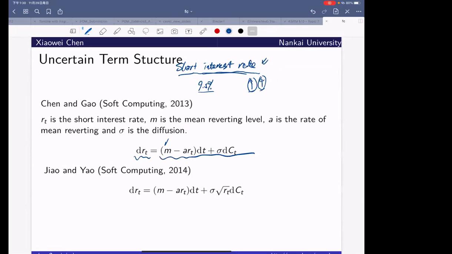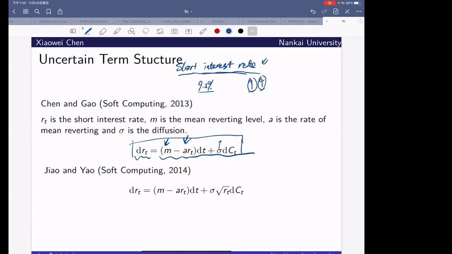M is some long-time level of the interest rate, and A is the speed at which the interest rate goes to the long-time level, and sigma is the diffusion. This is one SHIBOR interest model.